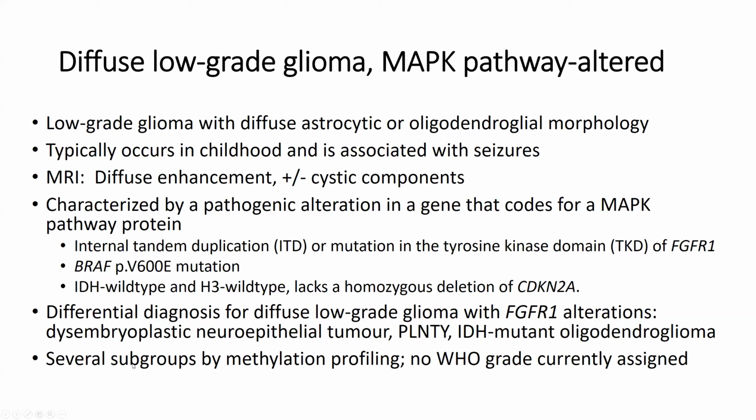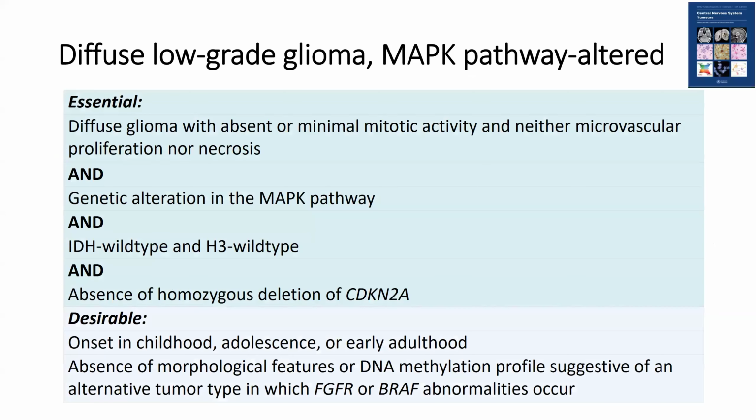These tumors, as I mentioned, probably represent several subgroups of tumors, and they can be identified or broken out by methylation profile. At this point, due to the limited data that are available, there's no WHO grade currently assigned, although they do seem to behave as low grade, probably somewhere around grade 1 or grade 2, based on the information we have at this point.